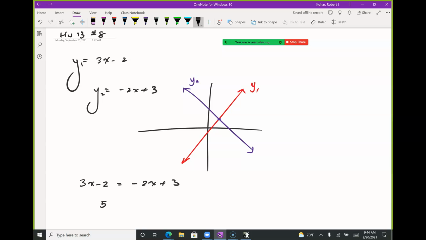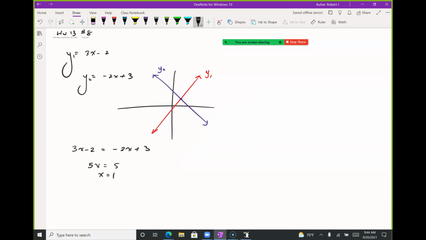So it looks like I get 5x equals 5. So x is 1. And once I get the x value, I can plug it back into either equation. And so y1 at 1 is 3 times 1 minus 2. So 1. So the point where they cross is 1, 1.